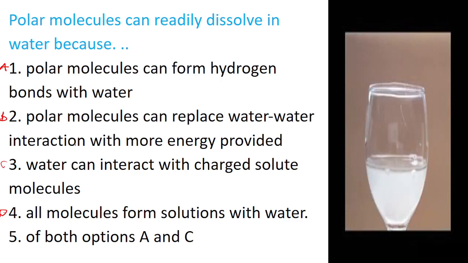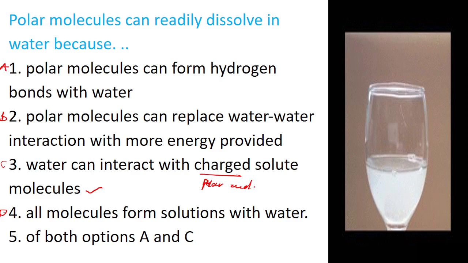If you look at 3, it is correct. Water can interact with charged solute molecules. Yes, this is correct. Now, these charged solutes are just polar molecules. Polar molecules are charged molecules, and yes, they do dissolve.